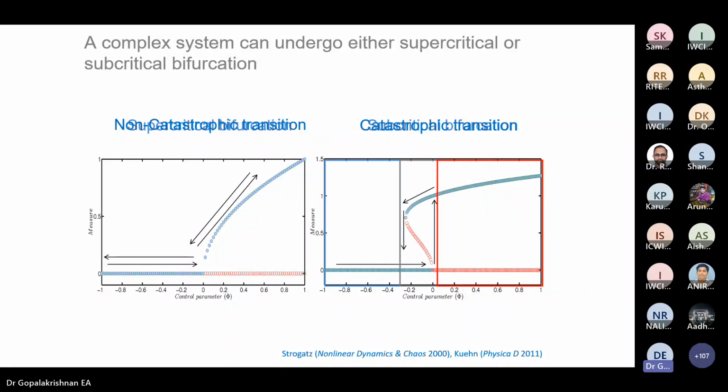And to add to the trouble, if you are reversing the condition, you may not come back to the stable non-oscillatory state. You still have to go back and really reduce your control parameter to come back. So in a subcritical state, you actually have 3 different regions.